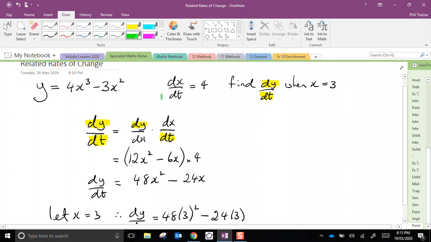Well, it depends on what you've got to work with, but typically you'll need to find a derivative of a function, and you'll be given a different rate of change, in this case dx/dt. And so that's the chain rule in action, and that's a related rate of change. The rate of change of y with respect to time is related to the rate of change of x by this function over here. Okay, that's a nice short little introduction.